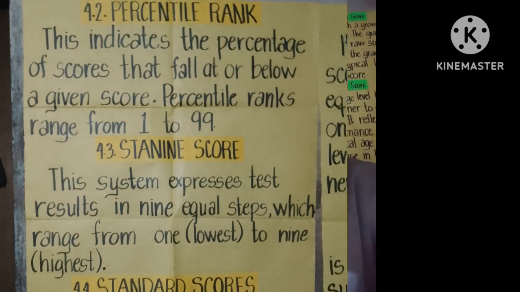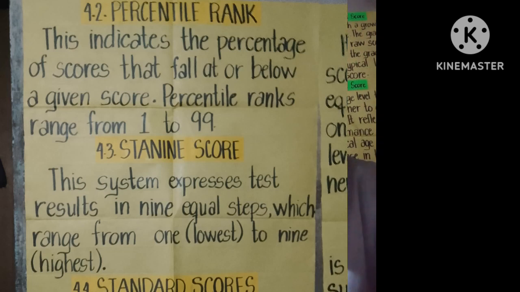A Stanine score of 5 is interpreted as average Stanine. This was discussed in lesson 8, which is more detailed. In this lesson, it is just an overview. The Stanine has a verbal interpretation, which is related to the percentile rank.